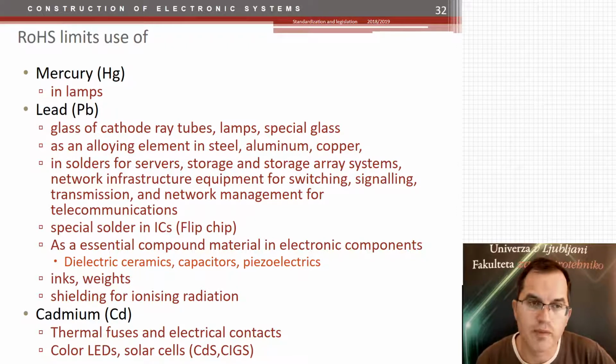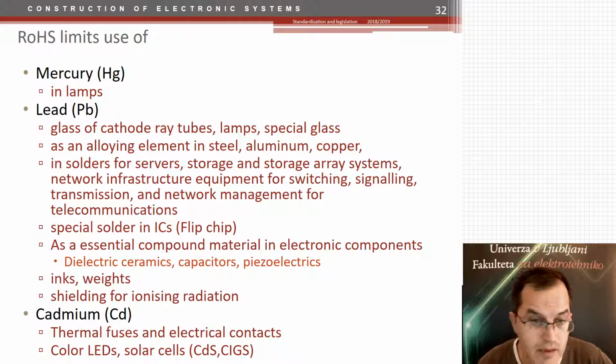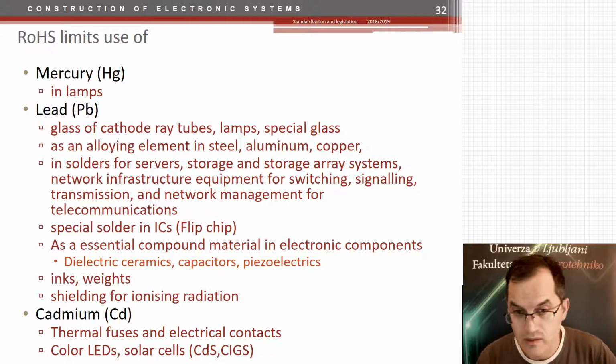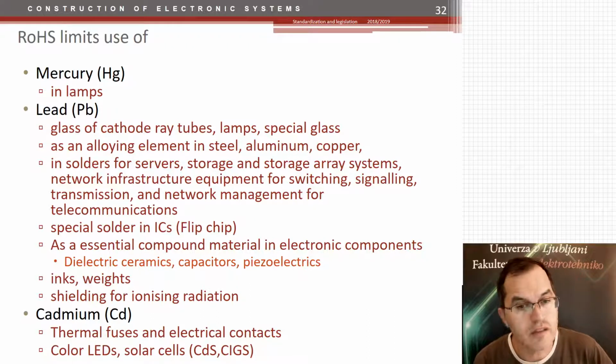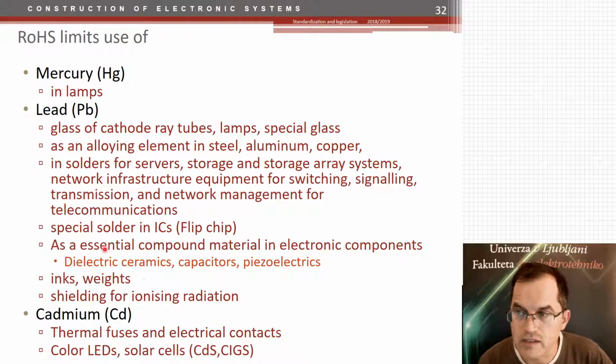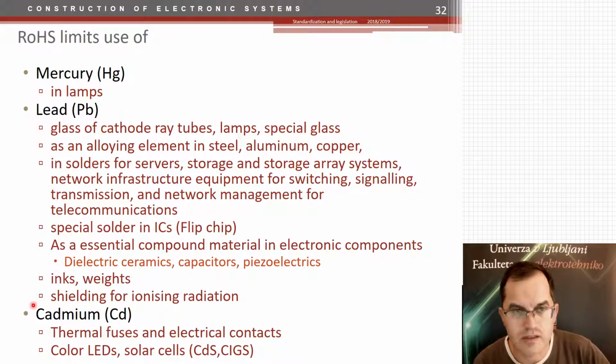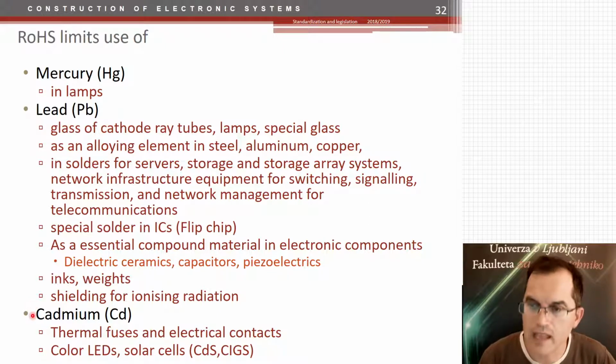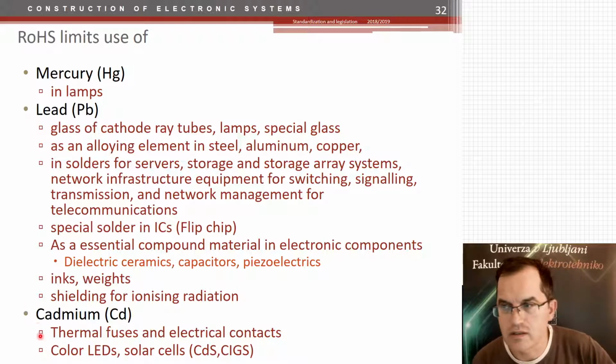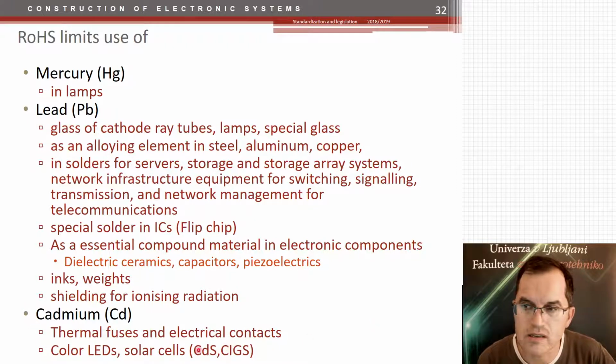Some essential compounds of some ceramics, some inks and weights also contain lead. And of course, shielding of ionizing radiation. Well, you know that lead is a good shield from ionizing X-rays, for example. Cadmium is used in thermal fuses and electrical contacts, and in some LEDs and solar cells.